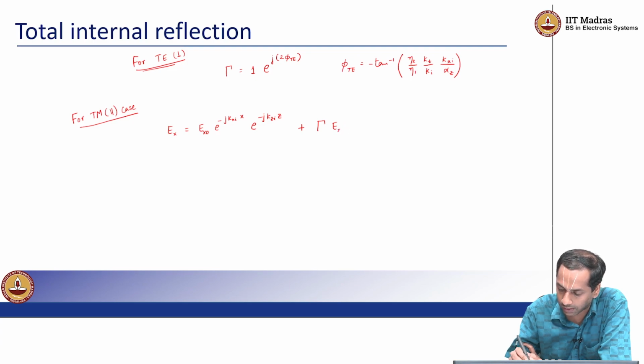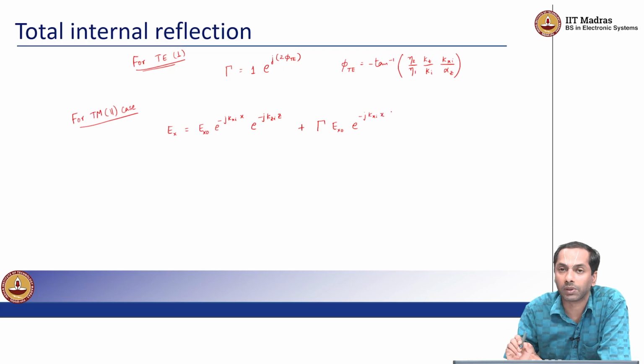So we can call this Ex0R, but I'm using gamma already, right? So this is gamma times Ex of 0 e to the minus j kxix, because kxi and kxr is the same, right?